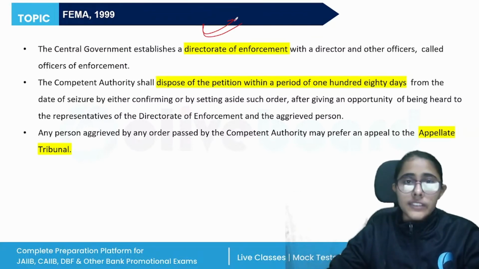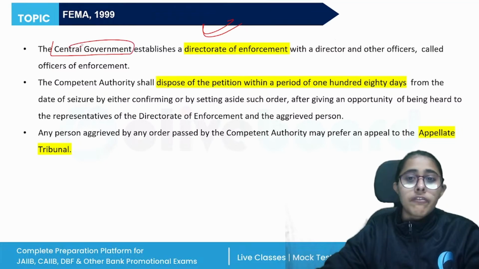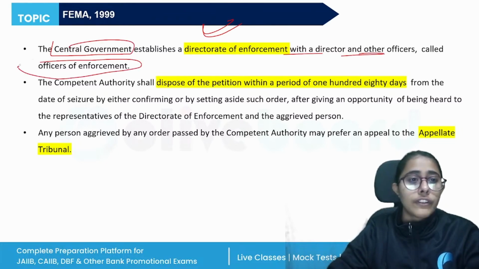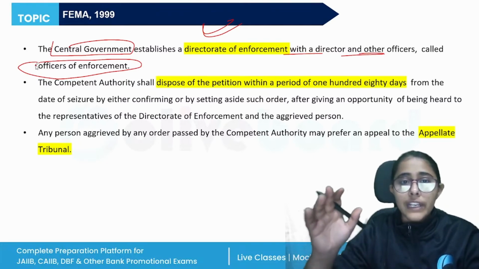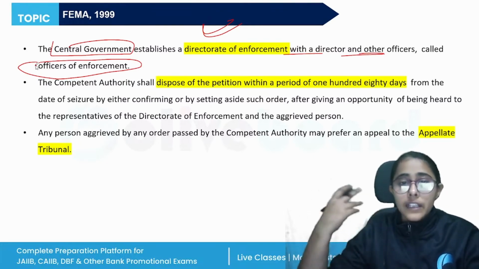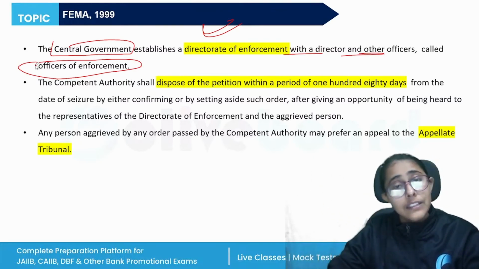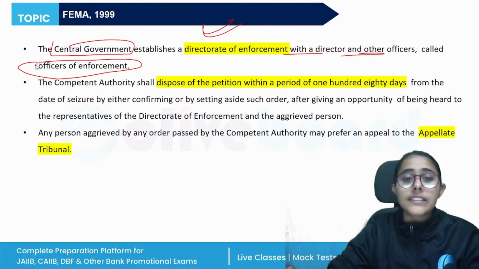Who establishes the Directorate of Enforcement? The central government, with a director and other officers called the officers of enforcement. This Directorate of Enforcement and the other officers of enforcement, again, should not be below the rank of an assistant director.